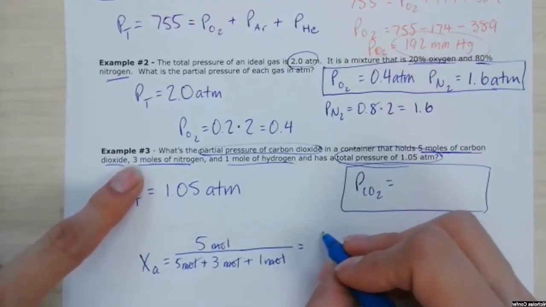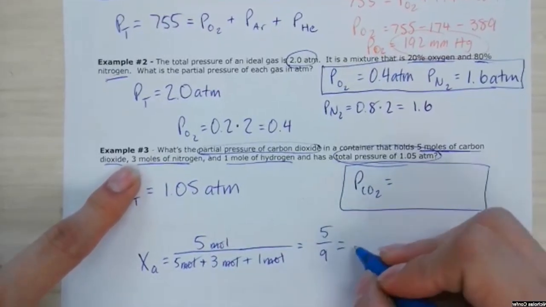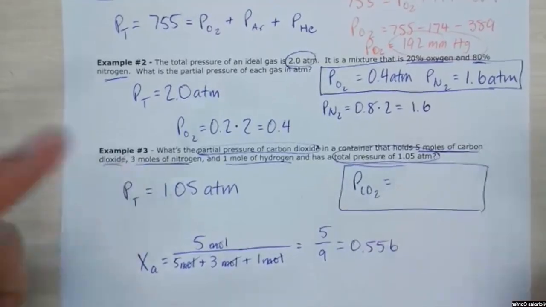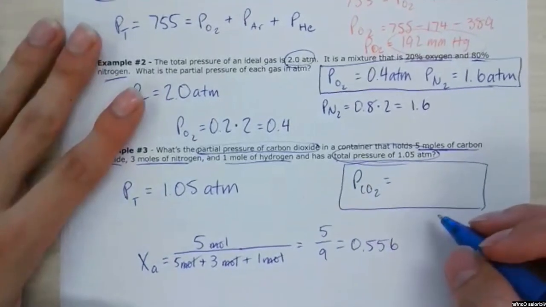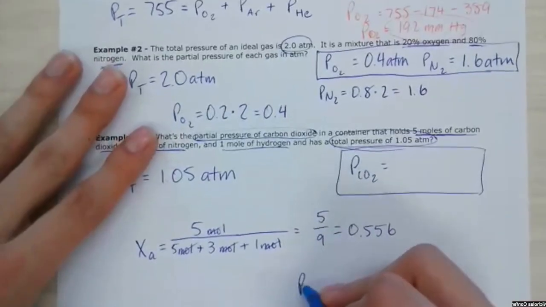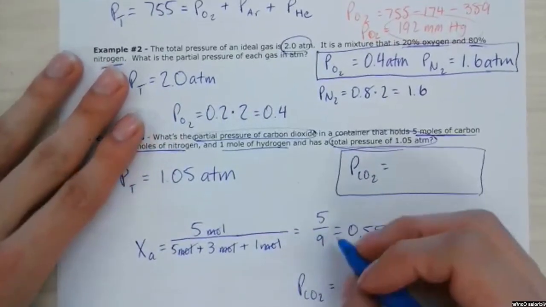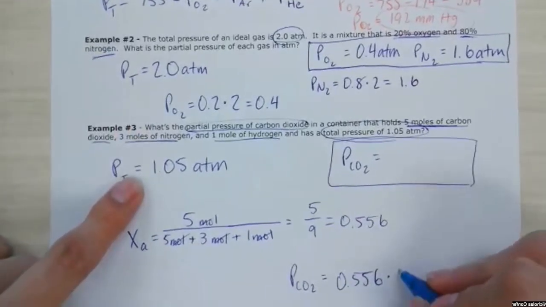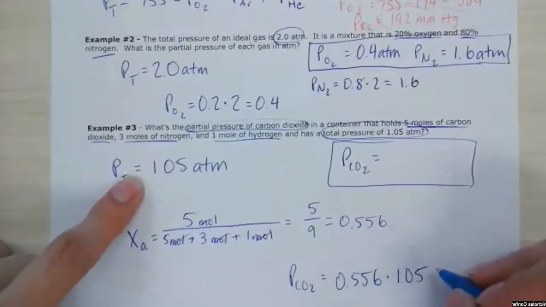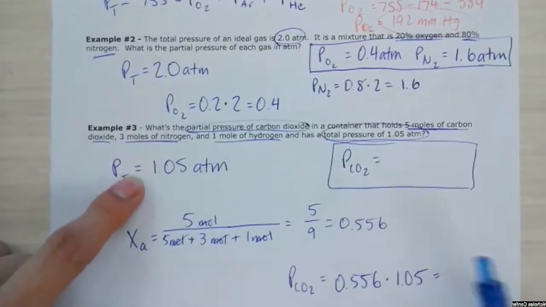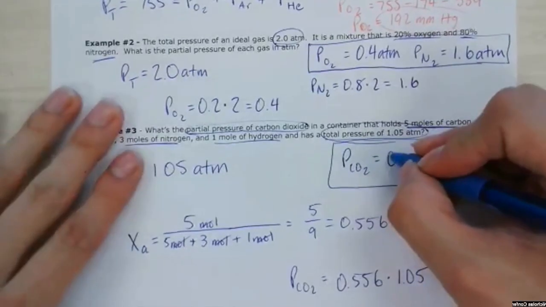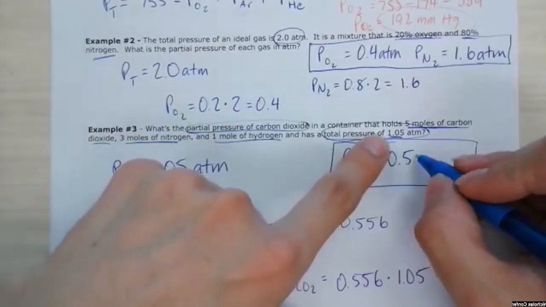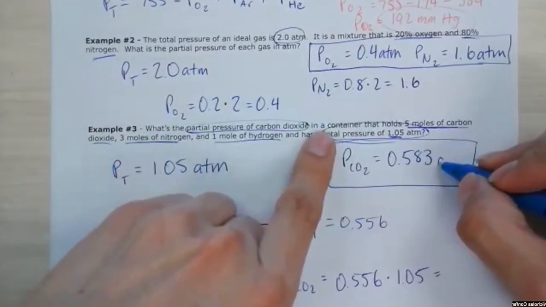That's equal to 5/9, which is 0.556, however I want to round that. So to find PCO2, I'm going to take the mole fraction times P total. Put that in my calculator. I should get 0.5, let's see, sig figs. I'm given 3 here, so 0.583 atm.